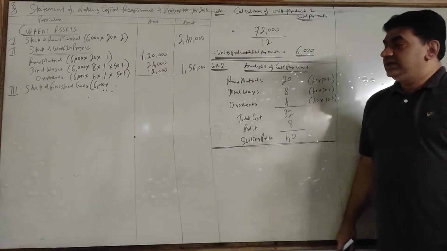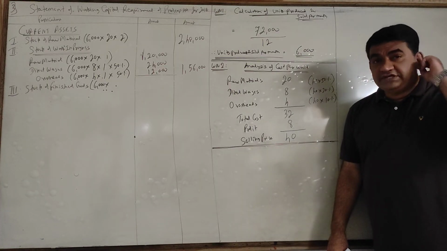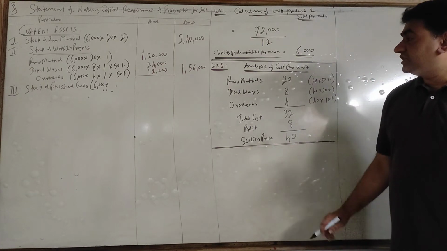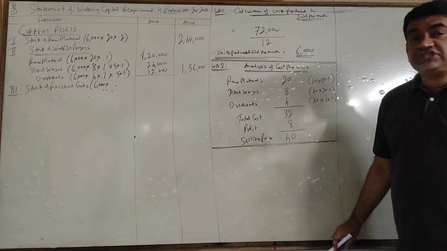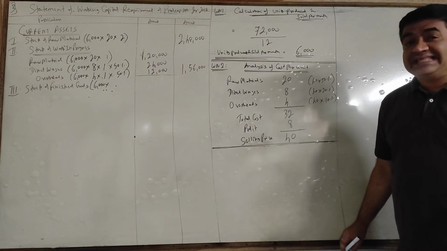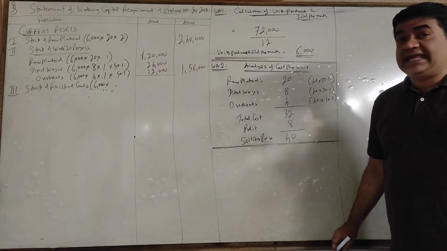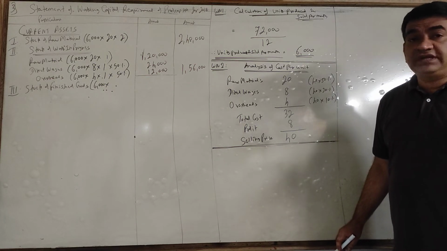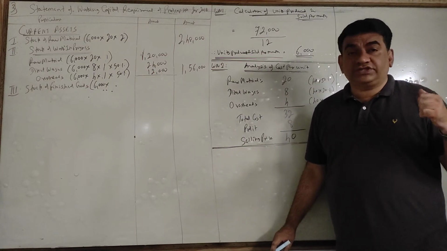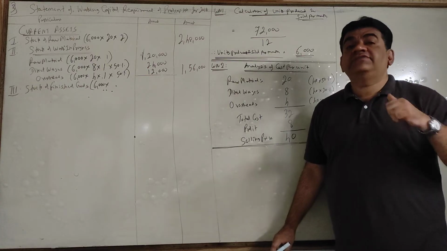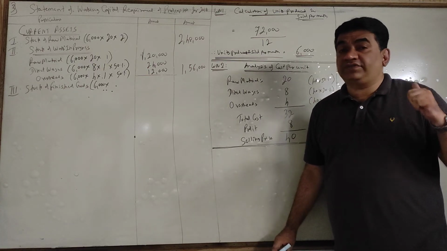Now guys, see. When I take finished goods I will take always at total cost. There are certain exceptions, like one example, selling overheads will never be included as a part of cost of finished goods.